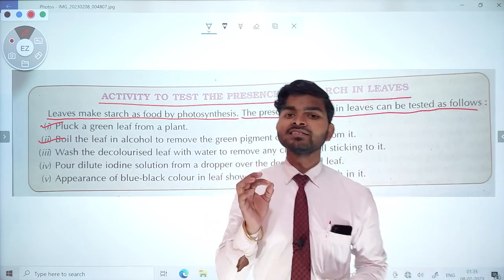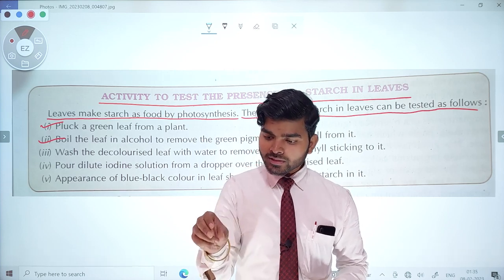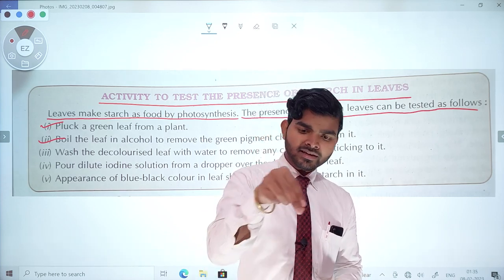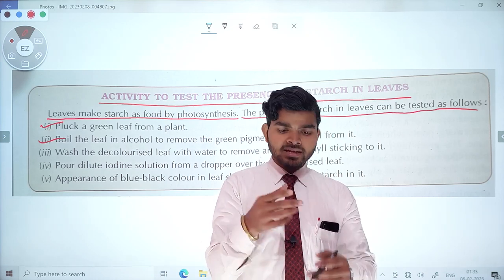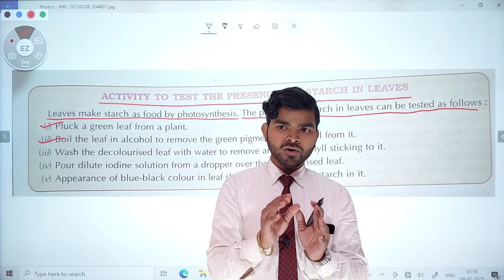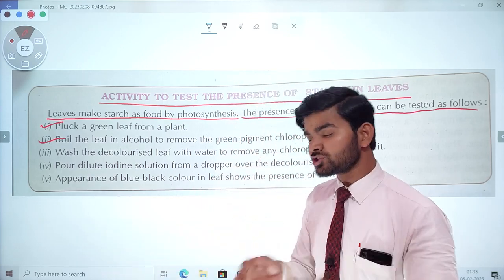You will see that the color of the leaf is green, but you must put that green leaf in alcohol and boil it so that the green pigment, that is the chlorophyll, will be removed or completely dissolved in the alcohol.